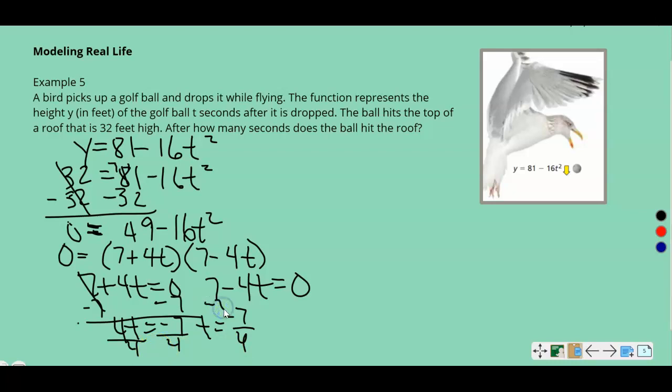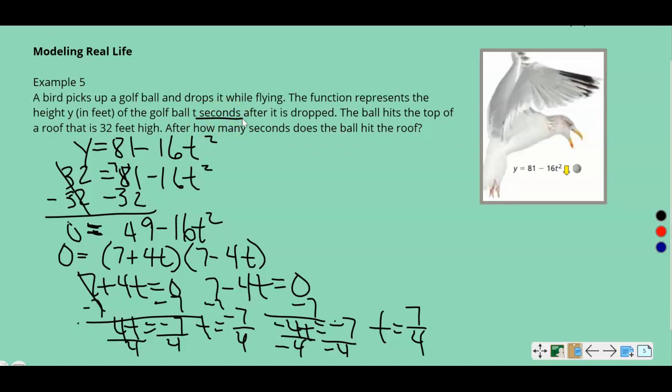So if I subtract 7, all right, so I'm going to have negative 4t equals negative 7, divided by negative 4. T equals, 2 negatives make a positive, 7/4. So remember, t is in seconds.